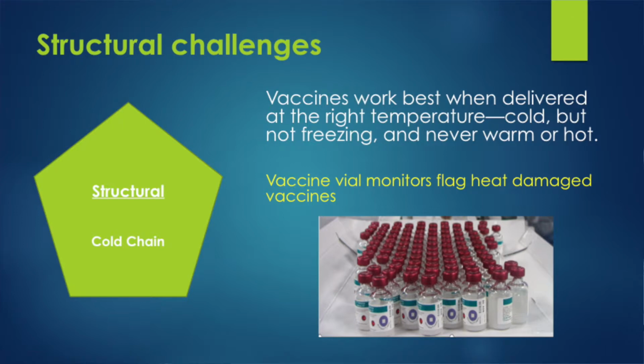The sticker changes color as it is exposed to heat and therefore provides a visual indication whether the vaccine has been stored at an ideal temperature and if it is still potent. The white square that you see in the purple dot starts to change color from gray to black as it's exposed to heat. I have a prototype of it over here in case you'd like to come and look at it afterwards.